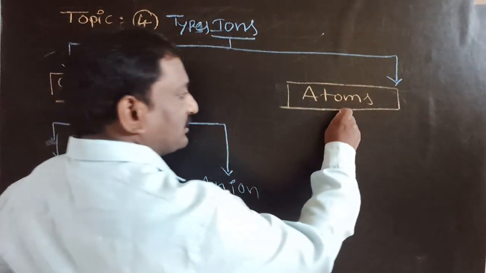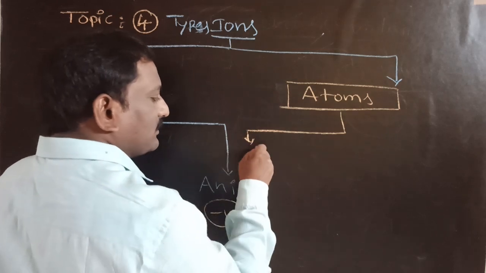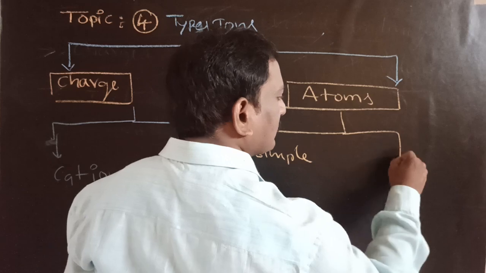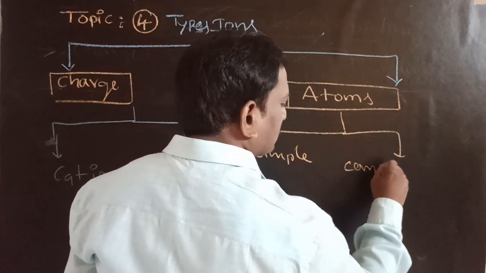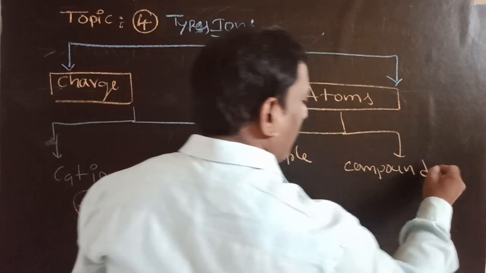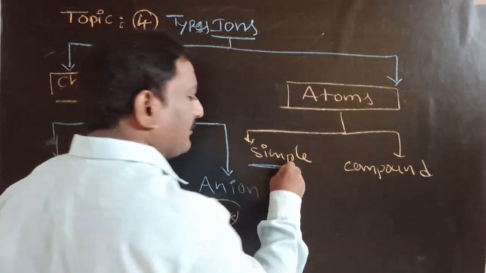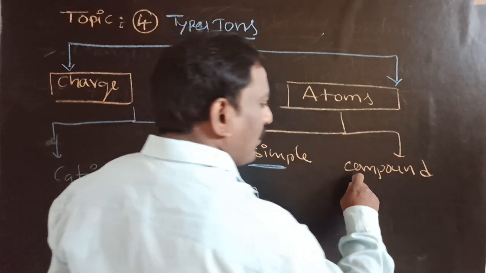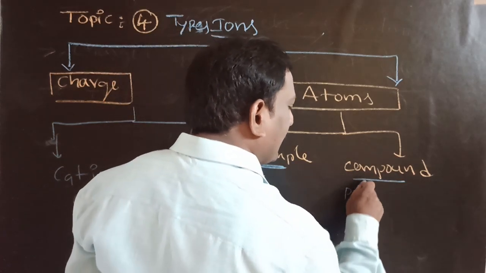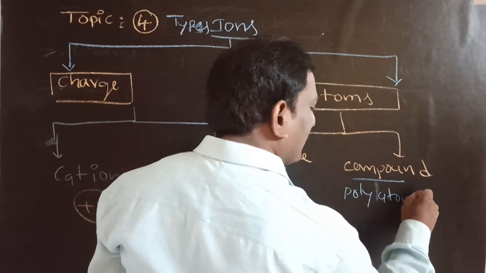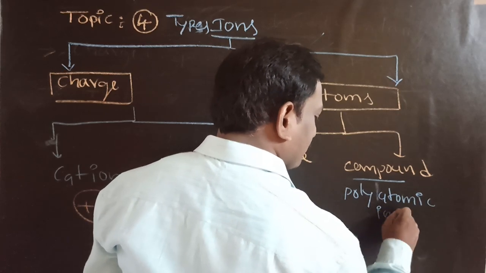Based on atoms, these are classified into two types: simple ions and compound ions. Simple ions are also called elemental ions, and compound ions are also called polyatomic ions.